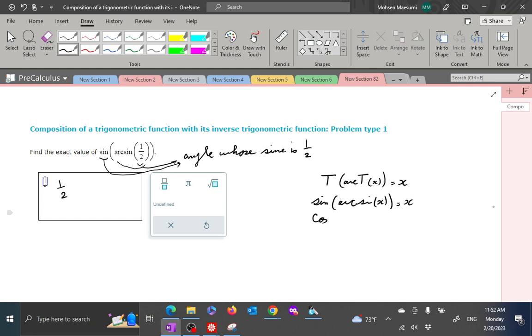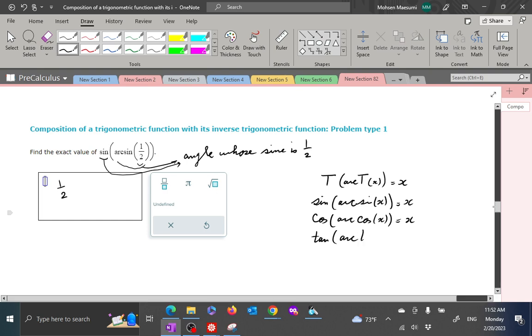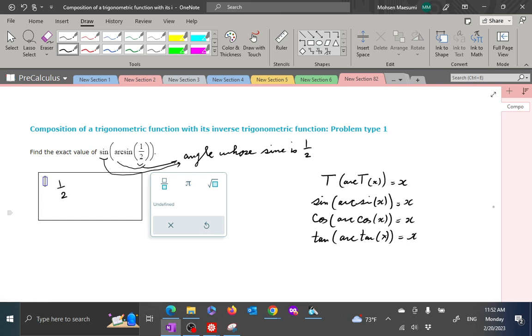Same thing applies to all 3: cosine of arccosine of x is x, and tangent of arctangent of x is x. So the issue is not as bad when the outside function is just your trig function. It becomes a lengthy process if what's on the outside is the arc function.